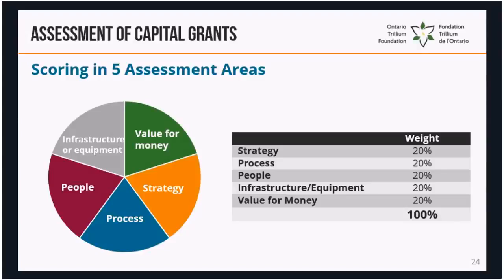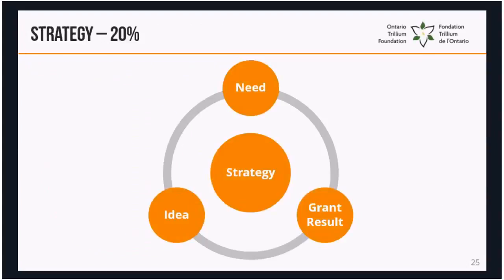And the different categories are strategy, process, people, infrastructure/equipment, and finally, value for money. Looking at the first one, strategy. Your strategy tells the story of your capital project. You should begin by identifying the need in your community.